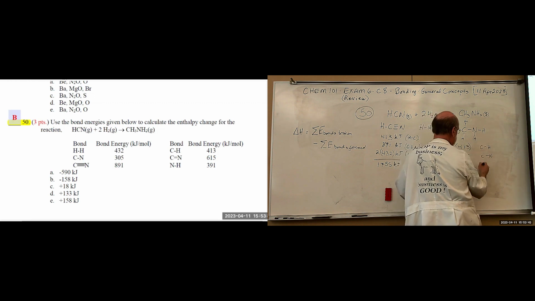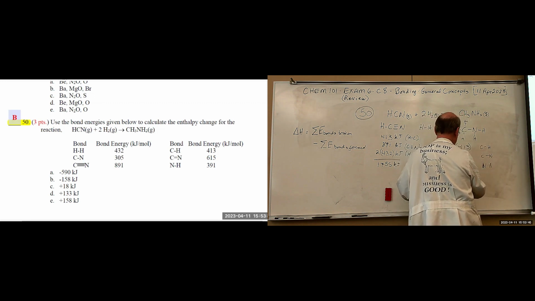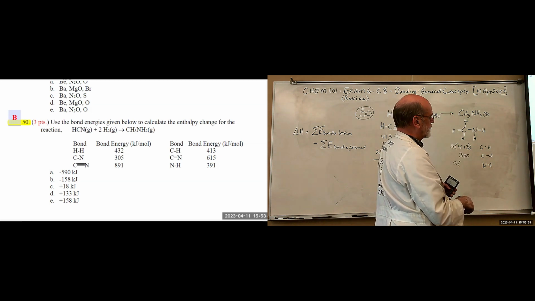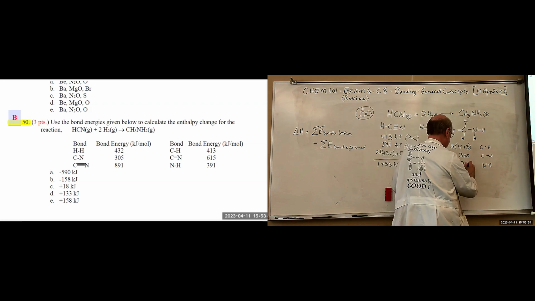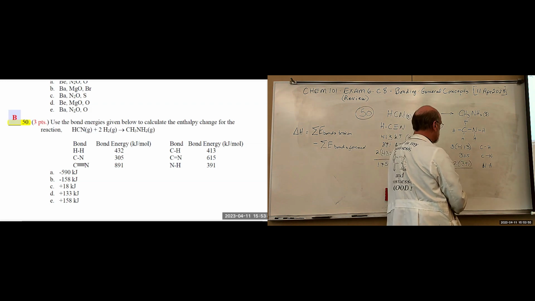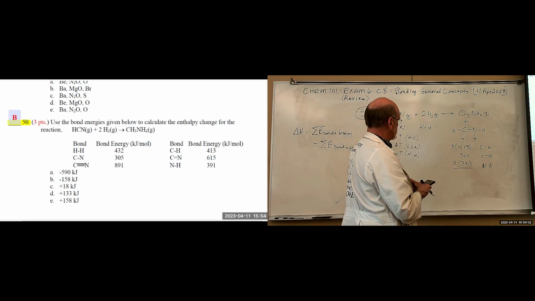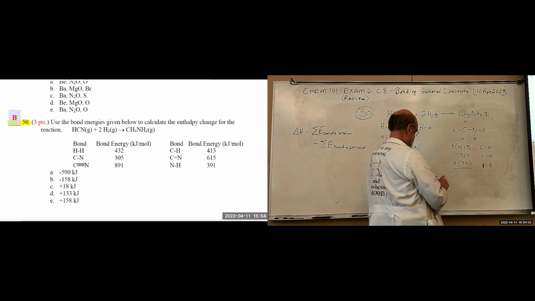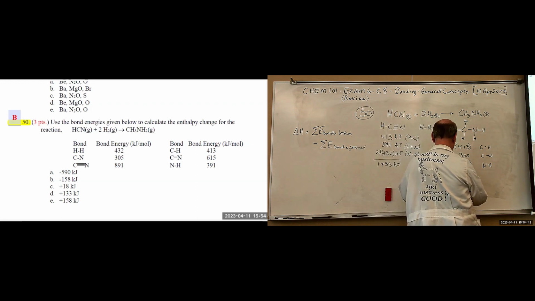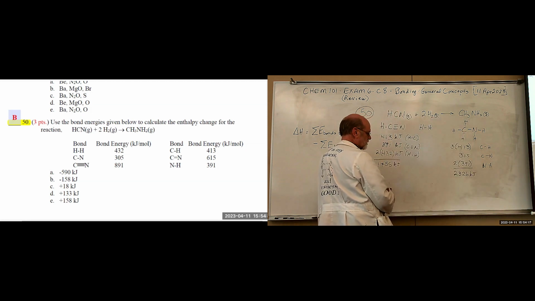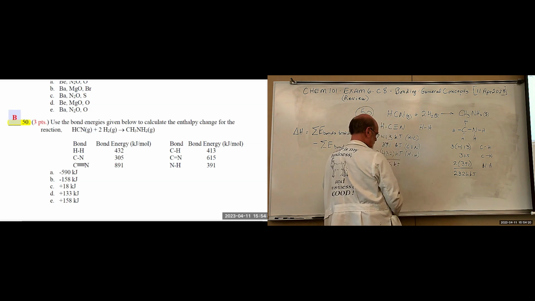And now there are 2 of these, nitrogen-hydrogen, so 2 times 391. So what's the total here? 413 times 3, plus 305, plus 391 times 2. So I get 2326 kilojoules.